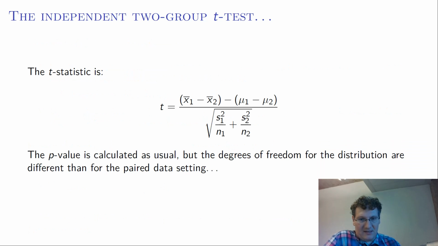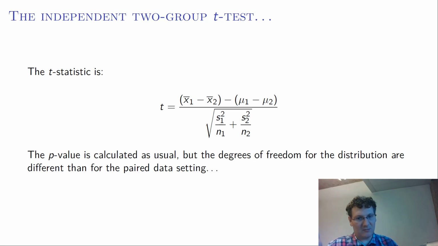So this is the test statistic. Now it looks like a little beast, and I don't want you to feel like you have to memorize this formula, but it's good to just know what's going on. So just like before, this is, I guess you could say, a z-score. We're standardizing our difference in sample means. So x bar 1 minus x bar 2, that's the difference of the sample means, minus mu1 minus mu2, that's the hypothesized difference in population means.